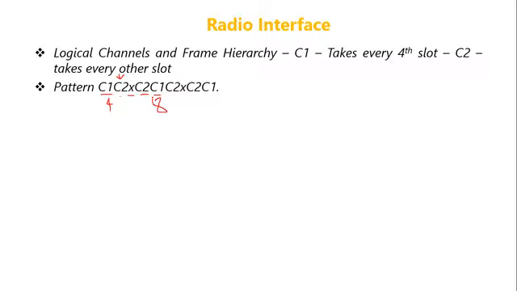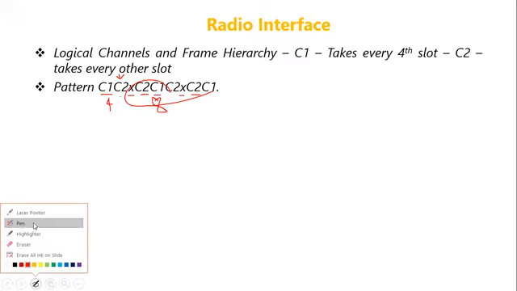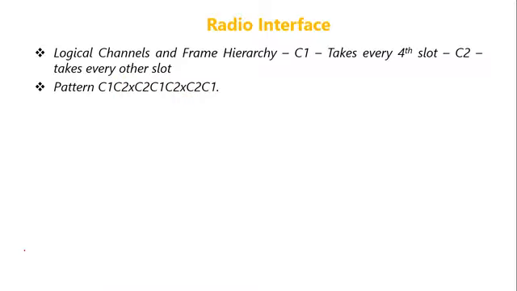So every fourth slot will be C1, the next slot will be C2, and the next slot we don't know, so it is X. Again the next slot is C2, and again the next is C1, because this is 9, 10, 11 and this is the 12th slot, the next fourth slot. So this is how the pattern follows. Every fourth slot will be occupied by C1 and every other slot will be occupied by C2. The X indicates that the physical channel still has some capacity left for other channels.